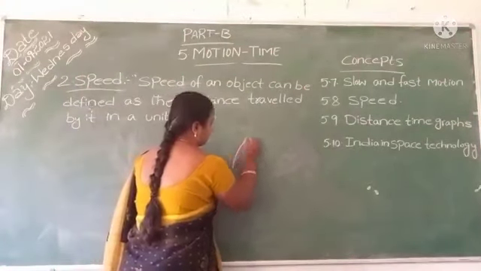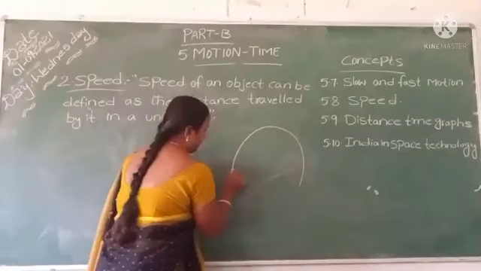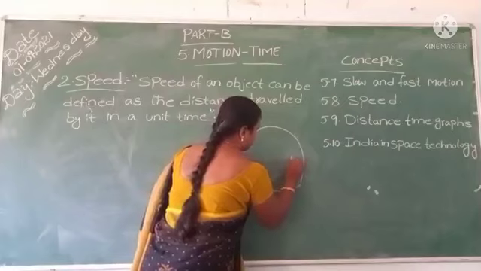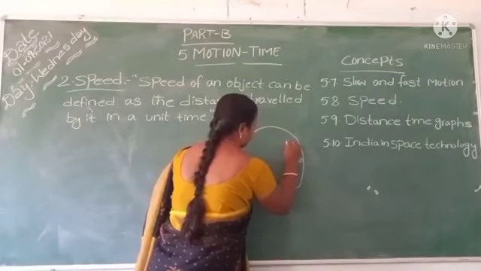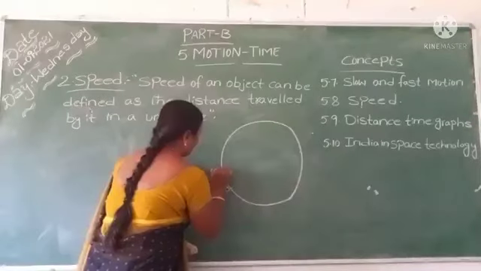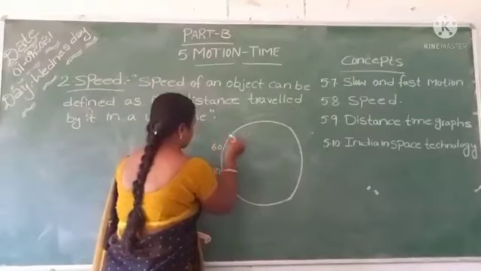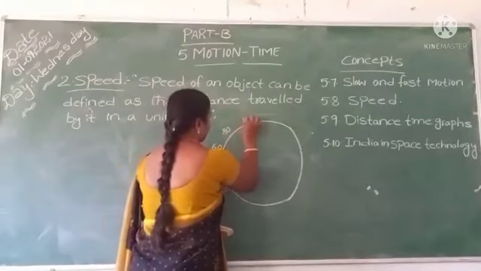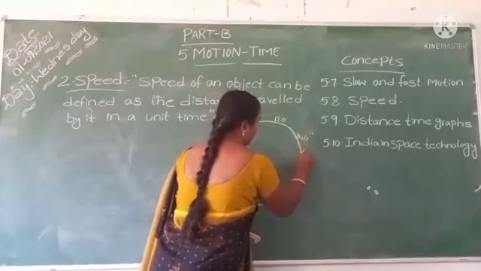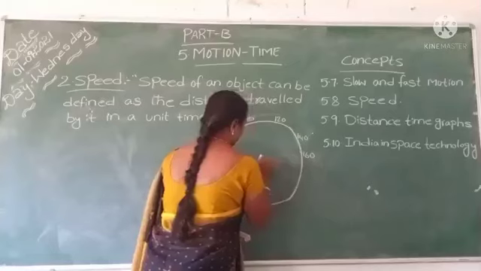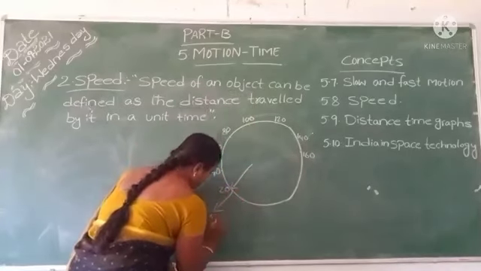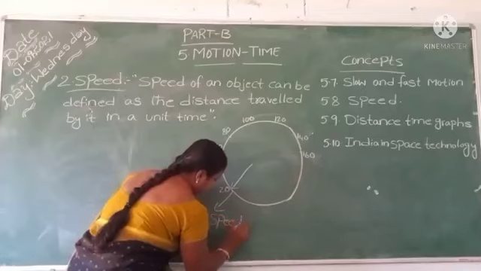In the bike we can see this one. 40, 60, 80, 100, 120, 140, 160. So this is the speedometer. You can see it as the speedometer.